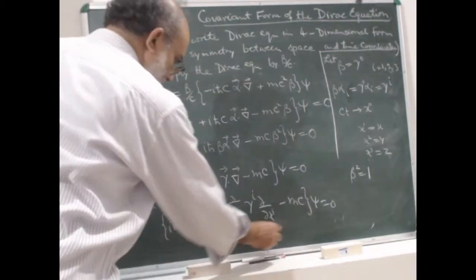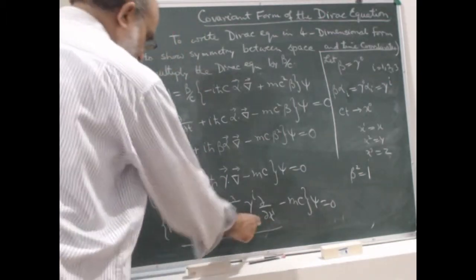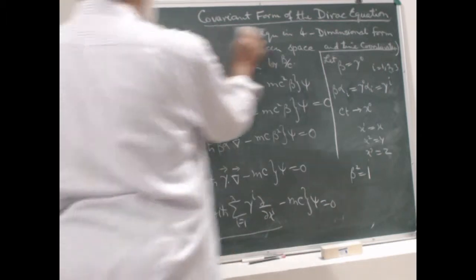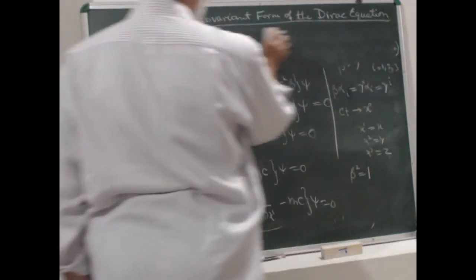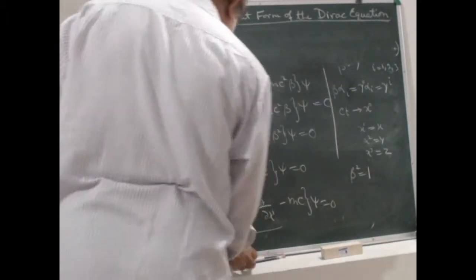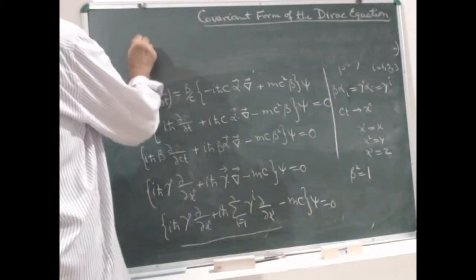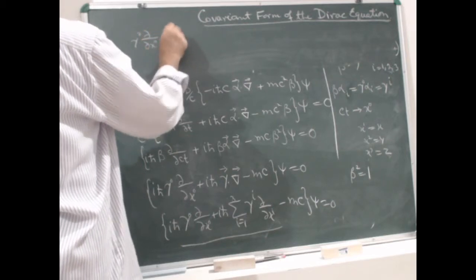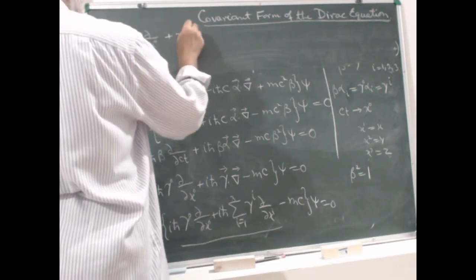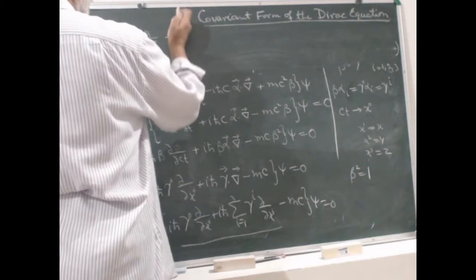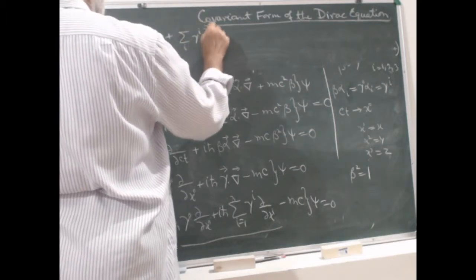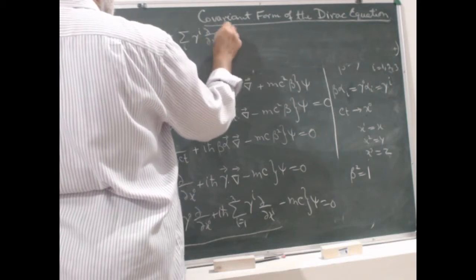Now these two terms can be added and written in a compact manner like this: gamma 0 delta by delta x0 plus gamma I delta by delta x I.